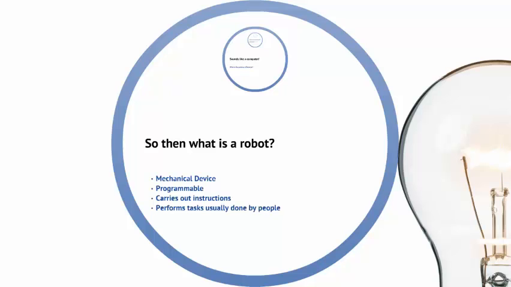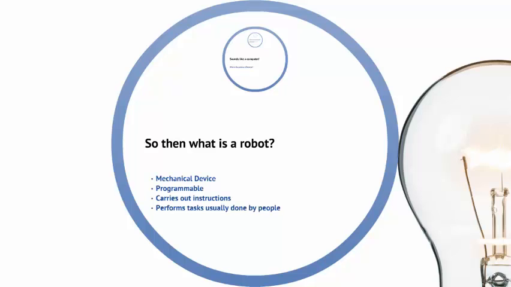So it can't just be that I press a button and it does something. It has to have a group of instructions that it carries out step by step in some type of logical procedure or order. And fourth, it performs a task usually done by people, or attempted by people, or maybe a task that people can't do but would like to be able to do.